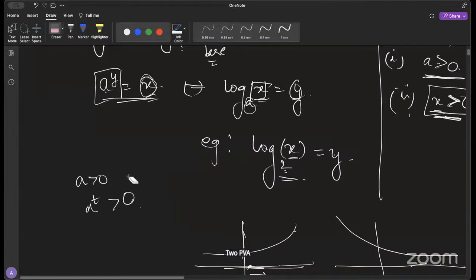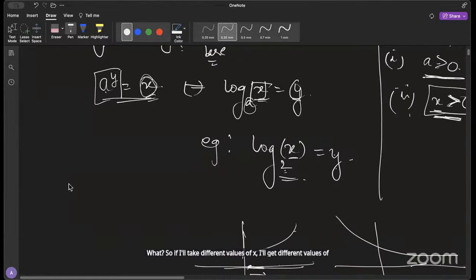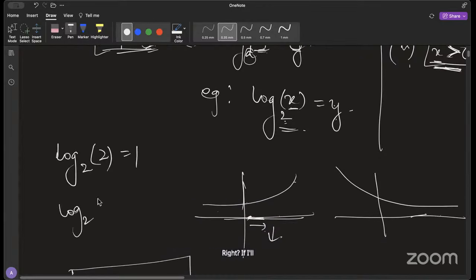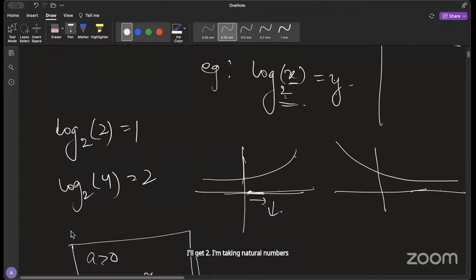For example, if I take x to be 2, then y will be 1. If I take 4, I'll get 2. I'm taking natural numbers here so that I get something nice. If I take 8 here, I'll get 3.